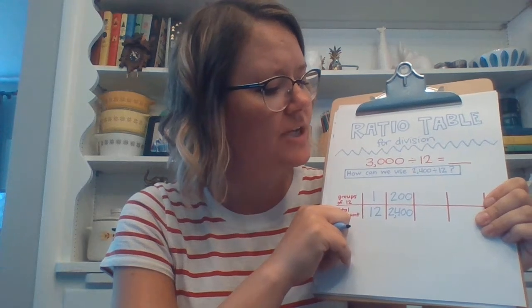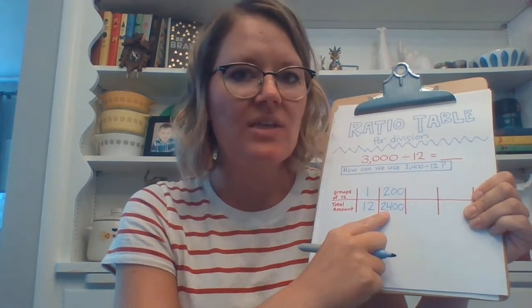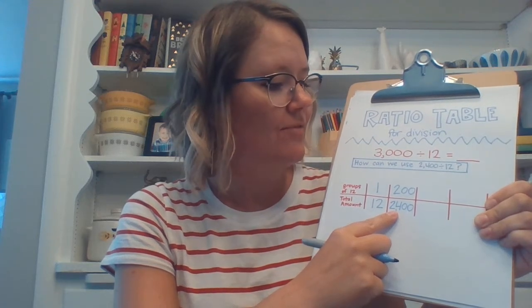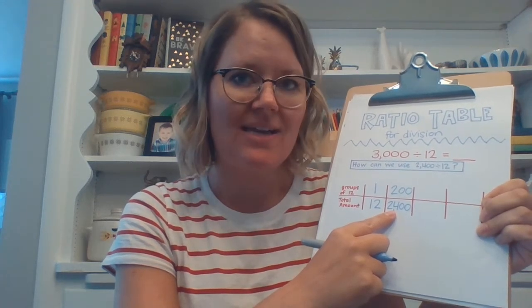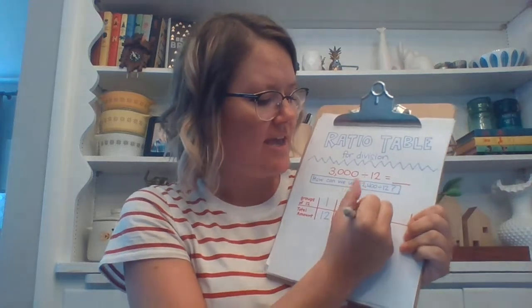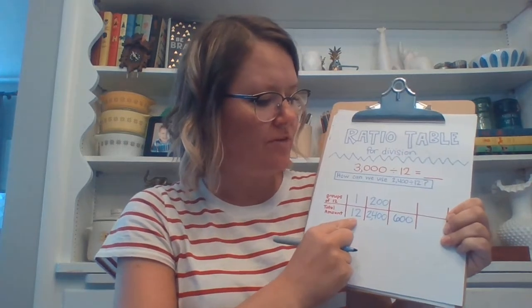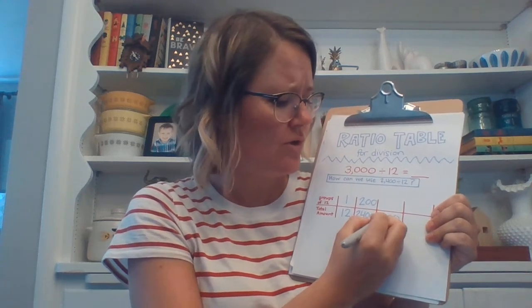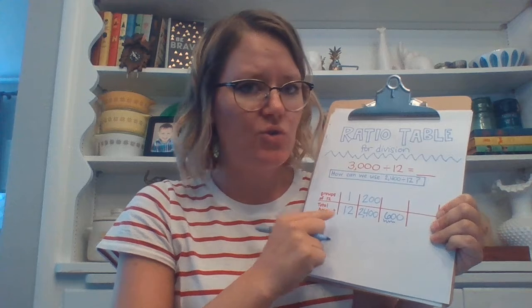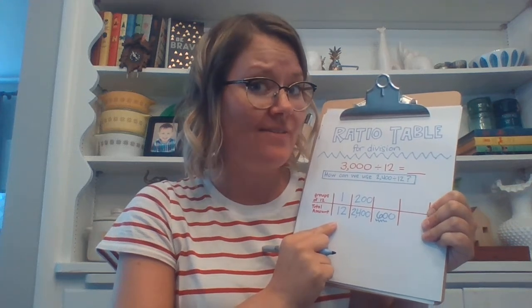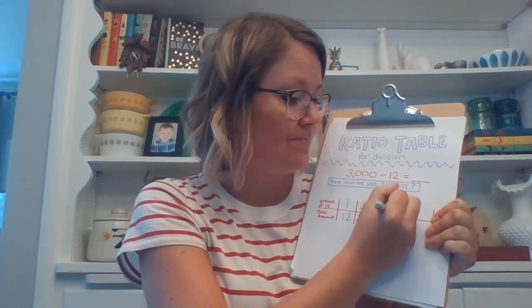Okay, so that was pretty nice. And now this is only 600 away from 3,000, and that's what I'm trying to get to. So I wonder if there's a number that I could multiply 12 by to get to 600. I know that 12 times 5 is 60. Which means 12 times 50 is 600.